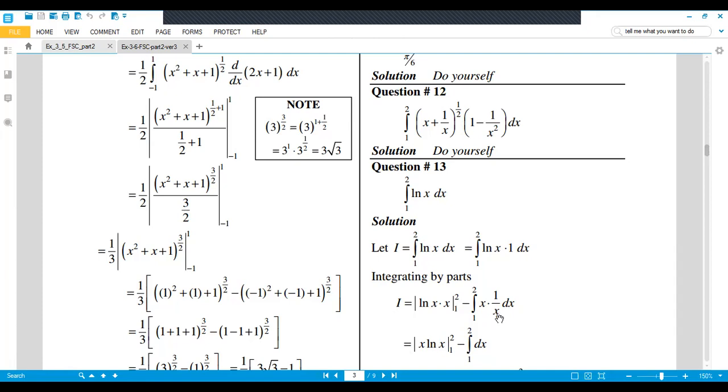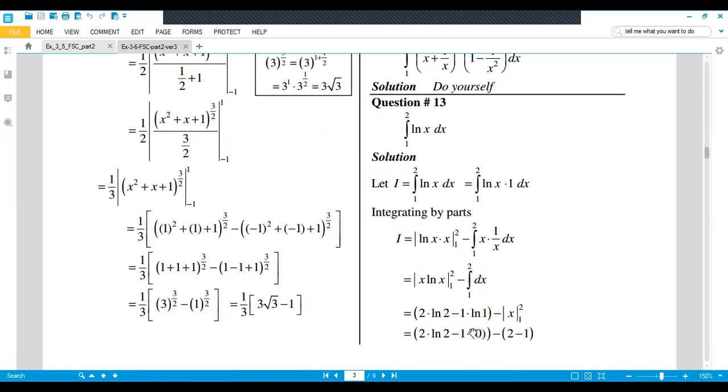We already studied integration by parts in 3.4. So x cancels, and here x natural log of x from 2 to 1, and minus the integral of 1, which is x. So we put 2 in place of x, minus 1 into natural log of 1.